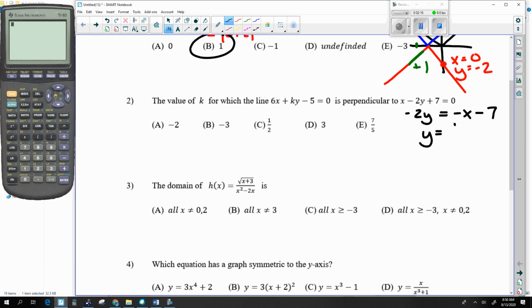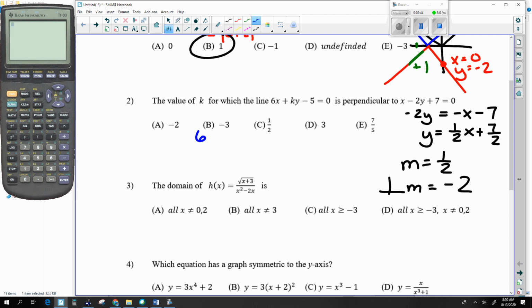So just doing this, we see that currently the slope is 1/2. That implies that the perpendicular slope is -2, the opposite reciprocal. All right, so we need the slope of our mysterious equation to be equal to -2.